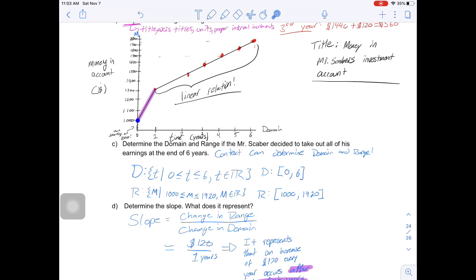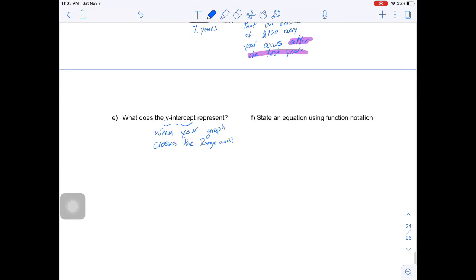So what is the coordinate point here? It's 0 and 1,000. And this is the initial amount that I started with. And what was the initial amount I started with? $1,000. And that's stated in my original question.